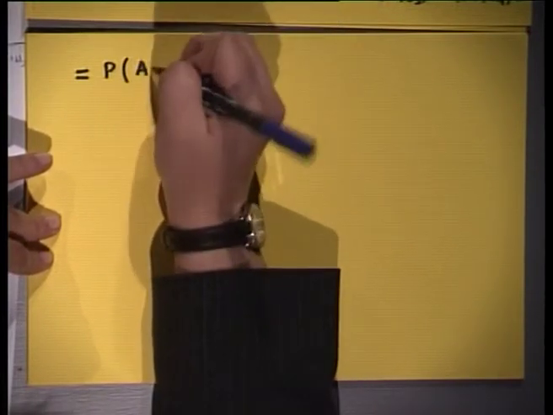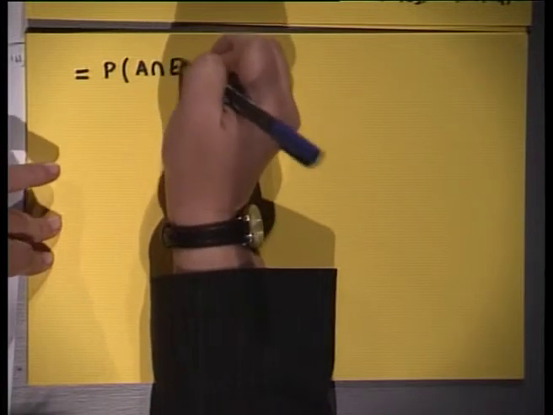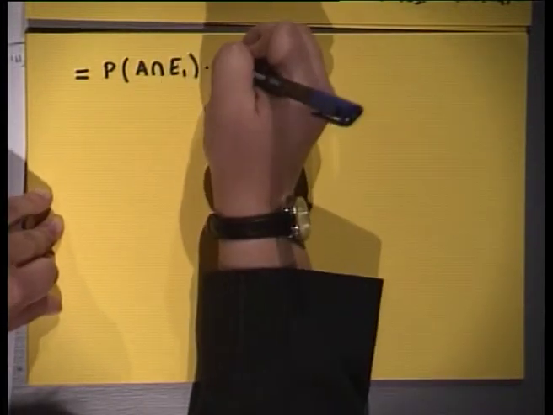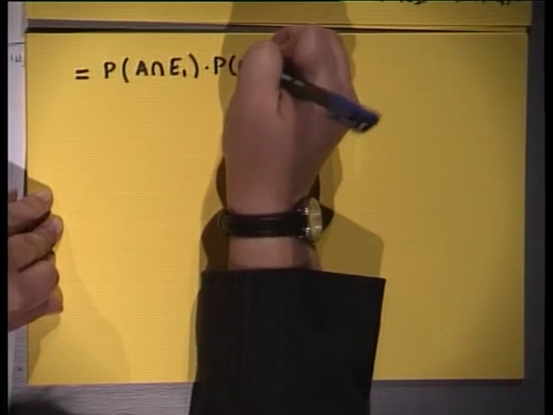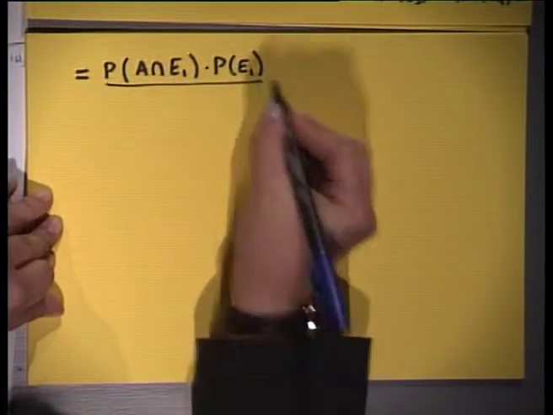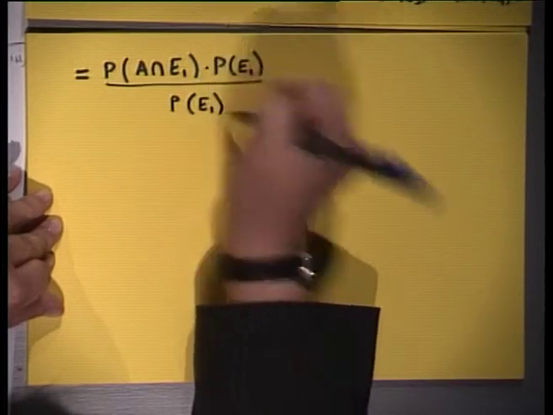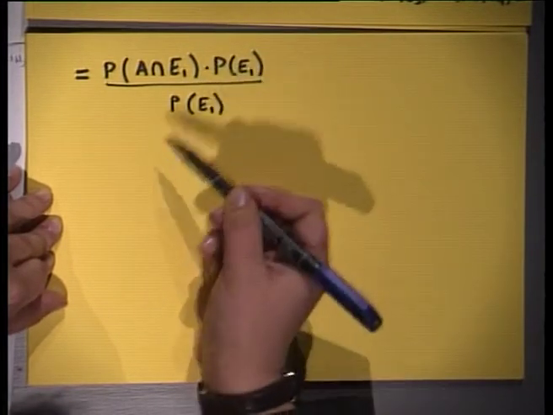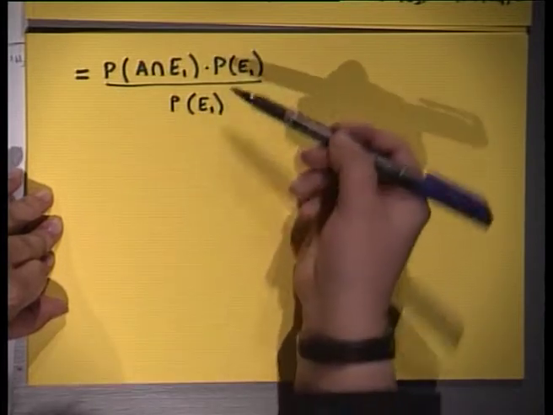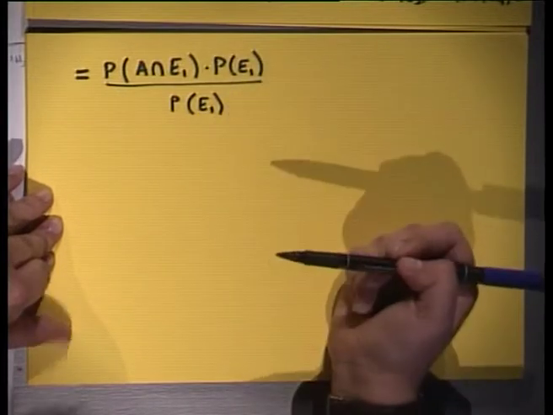We can write again what we had before to see how the conditional probability will be introduced. We multiply and divide by the same number.